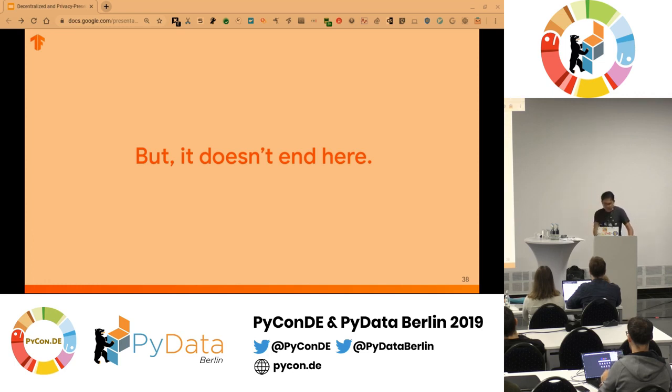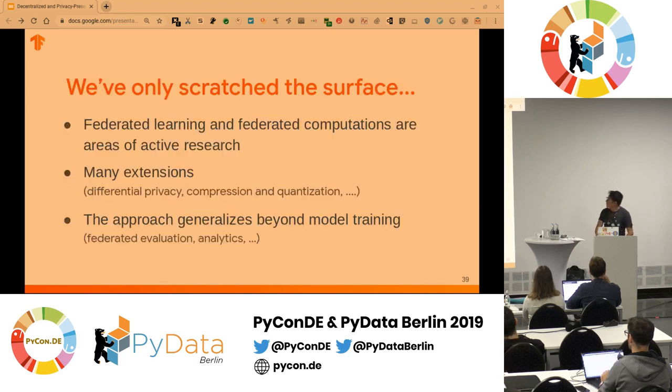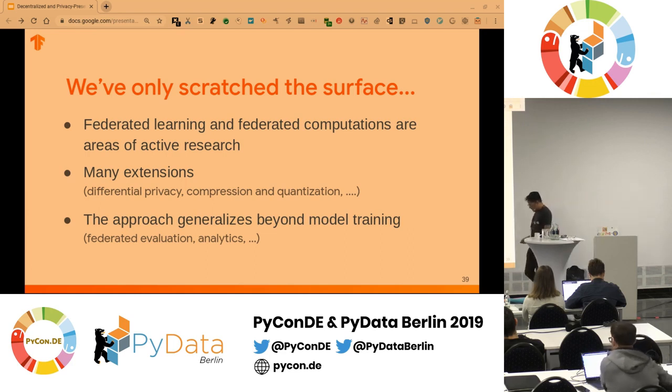Yeah. So what's important here is that both federated learning and federated computations are areas of active research. Privacy is central to these things, and like I mentioned, some of the questions you asked, everyone asks the same questions. Privacy is something that you can never check a box on and say, oh, this is completely foolproof.